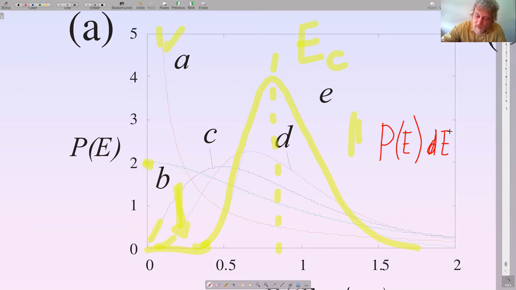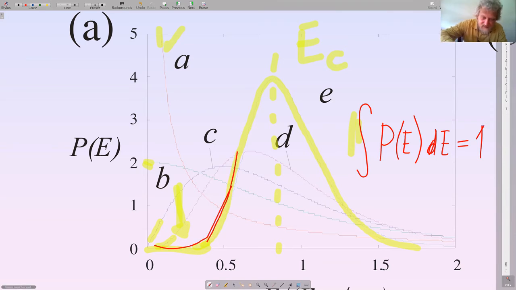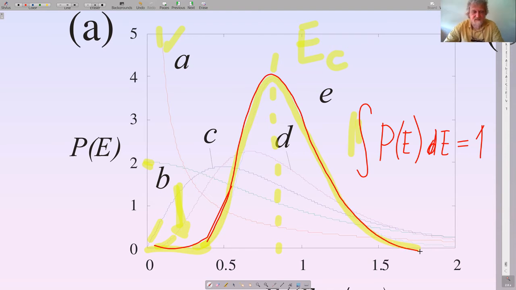What must be fulfilled, as I said, is that the integral of this probability must be 1. And here it is satisfied by this. Fine.